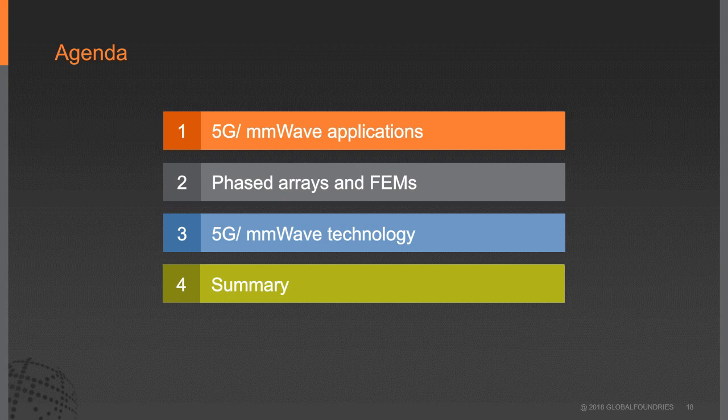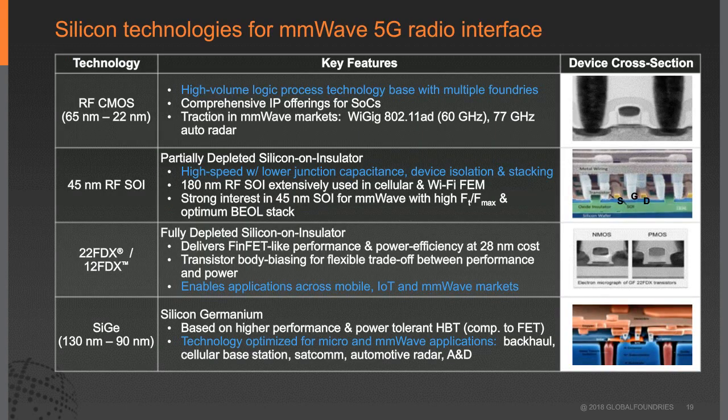So now I'm going to focus on technology, and as you can see, there are a lot of different technologies for millimeter wave interfaces. You have RF CMOS, which can be 65 nanometer to 22 nanometer, a high volume logic process technology with multiple foundries.